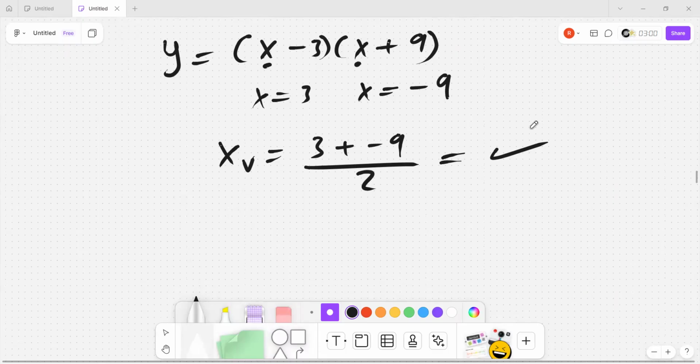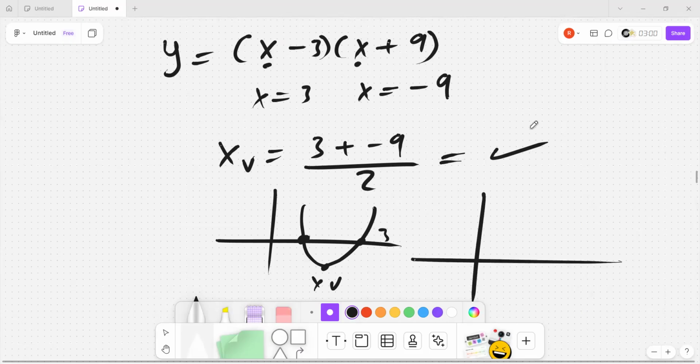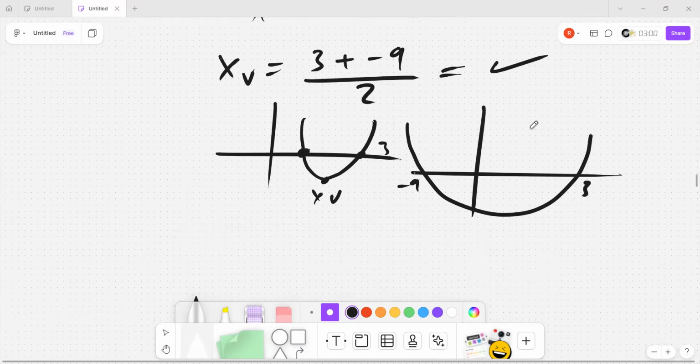But why do we take the average? Because the x-vertex represents the midpoint between the two x-intercepts. So we have 3 and negative 9. That means the x-vertex is always the midpoint.